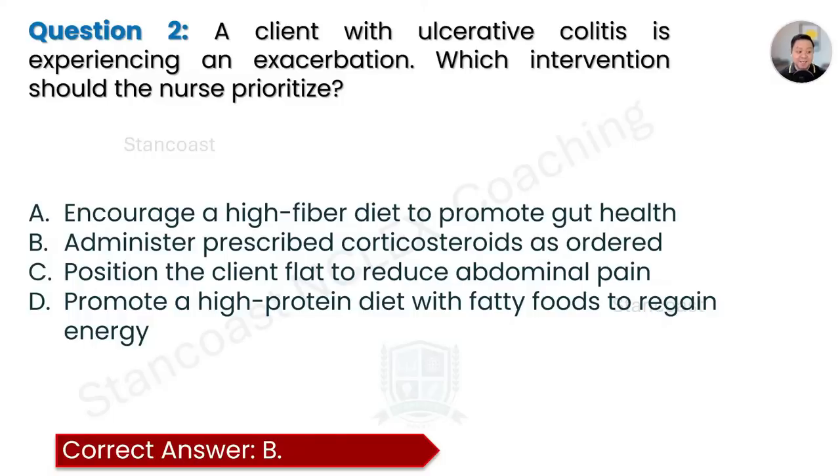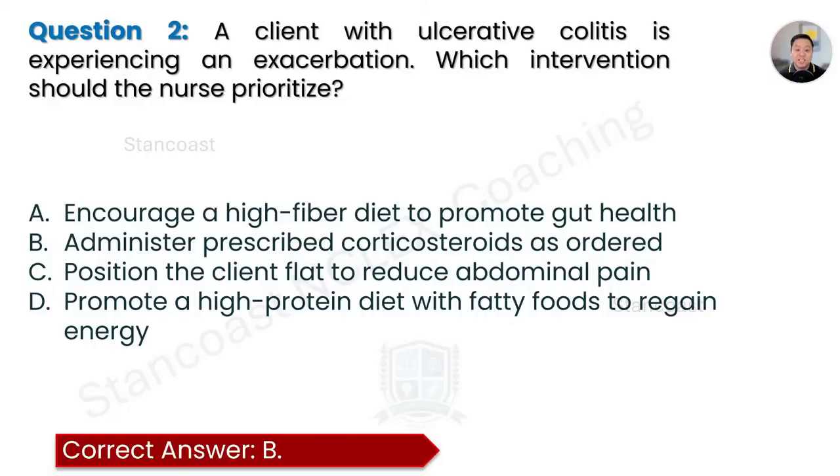Now, for letter D, another incorrect option, we know that a high-protein diet may support healing during remission phases, but fatty foods are contraindicated during exacerbation because these food items can irritate the colon, can exacerbate symptoms, and can worsen diarrhea.